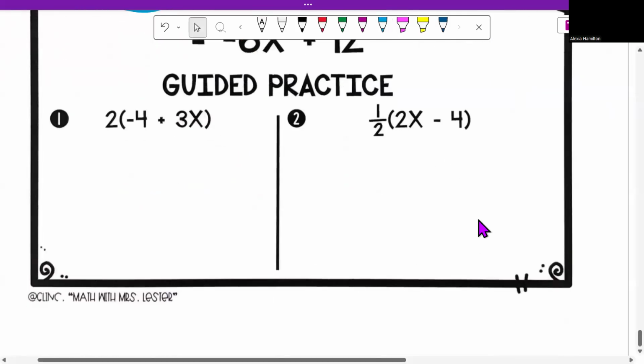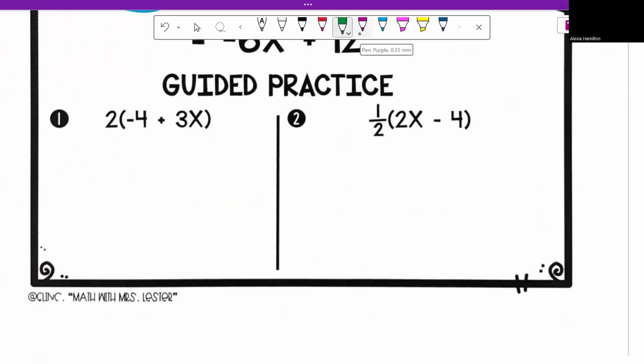Okay, let's look at these problems. Guided practice. So I'm going to take my 2 and I'm going to multiply it with the negative 4. So I'm first going to show 2 times negative 4.